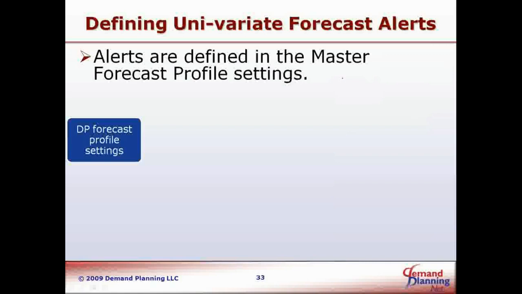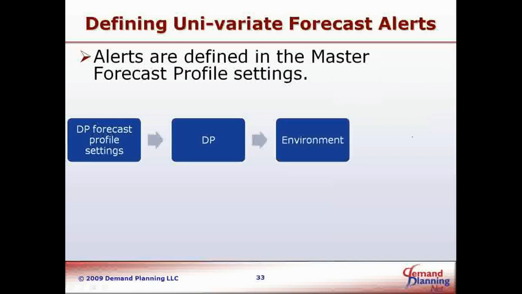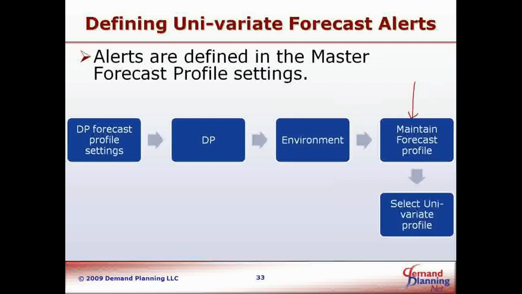So alerts are defined in the master forecast profile settings, right? This is really not navigation training, but I'll just show you. You go into the DP forecast profile settings. It's where you maintain the forecast profile, and that's where you pick the univariate profile and then set the alert.